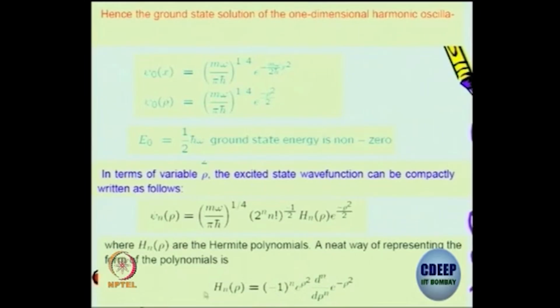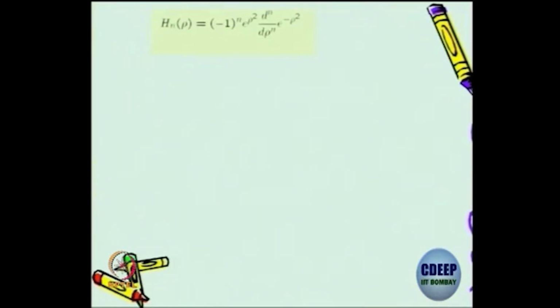So this is a very compact formula, the Rodrigues formula, where you can directly derive all the polynomial powers for any n. To list a few, H0 of rho should be 1, H1 of rho is 2 rho, and H2 of rho will again have only even powers, there won't be any odd powers, so that's a constant plus 4 rho square, and so on.